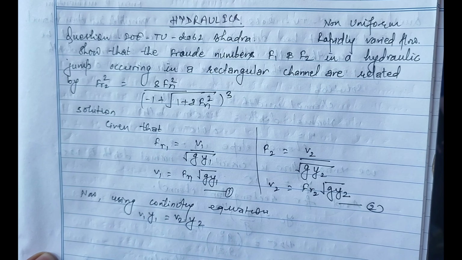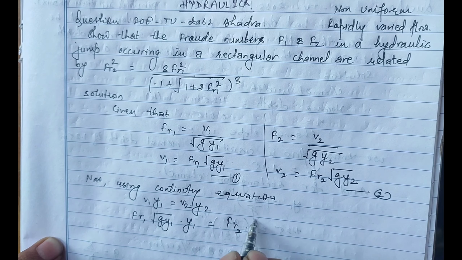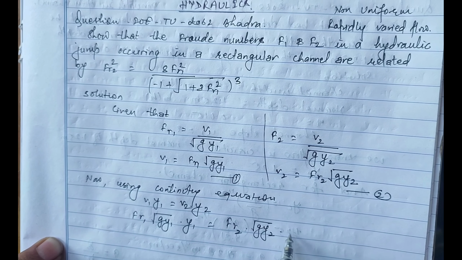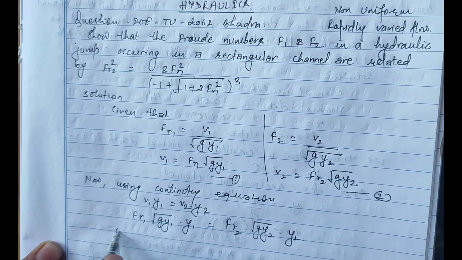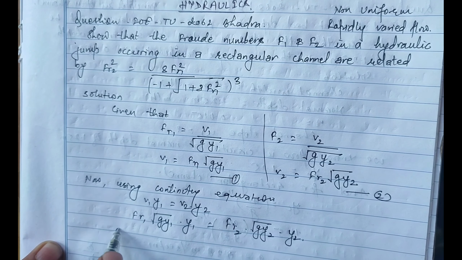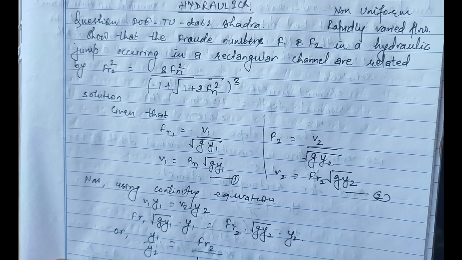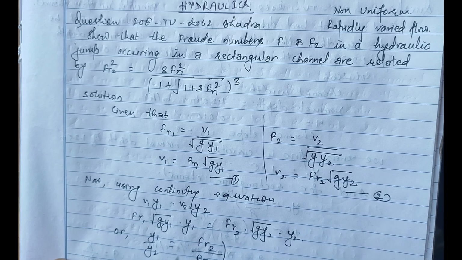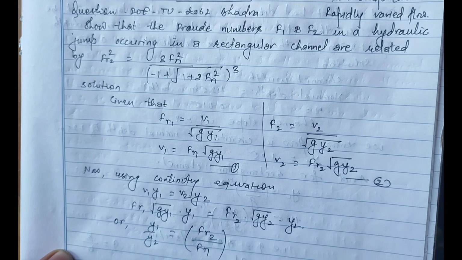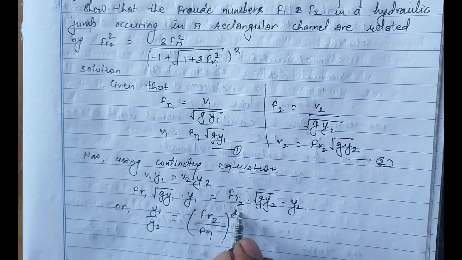Now placing the values of V1 and V2 in this equation, Fr1 √(gy1) · y1 = Fr2 √(gy2) · y2. On simplifying this, y1/y2 = (Fr2/Fr1)^(2/3).